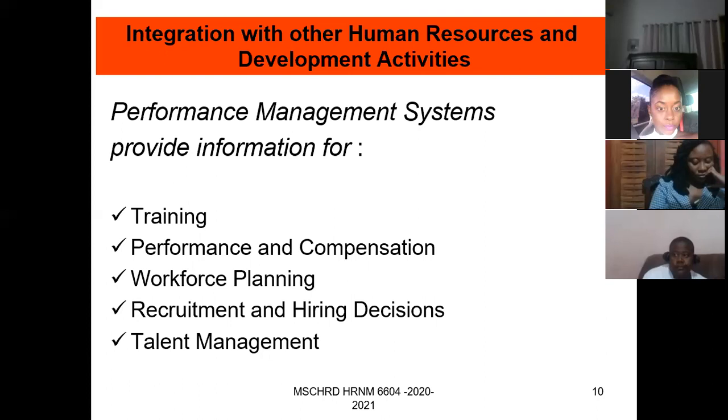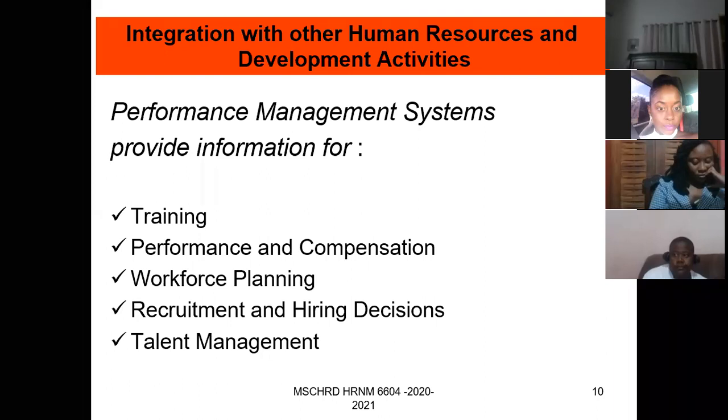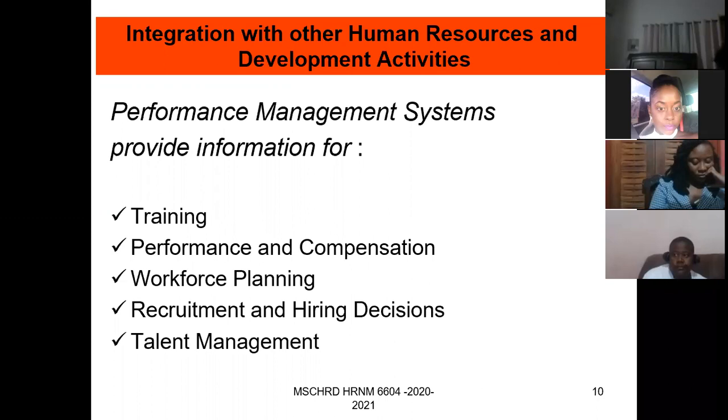I've told you that it will provide the information for performance and compensation, because as I said, a lot of companies are going away from giving bonuses and they look at performance incentives based on your individual performance scores. Workforce planning.